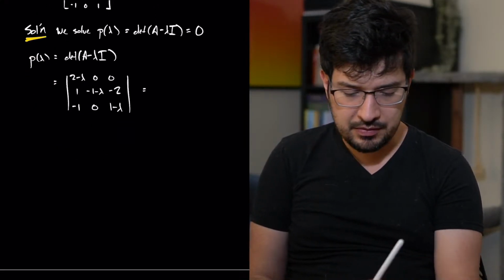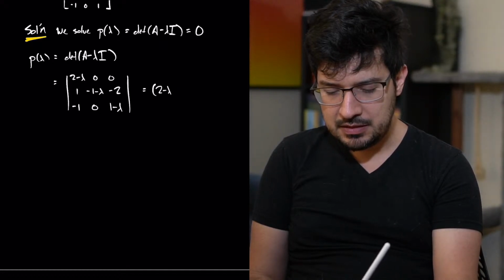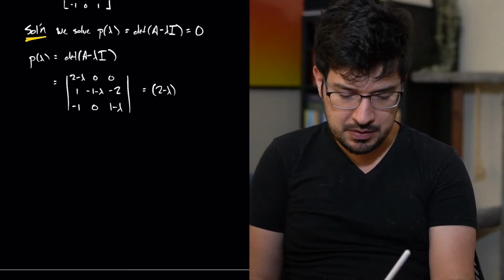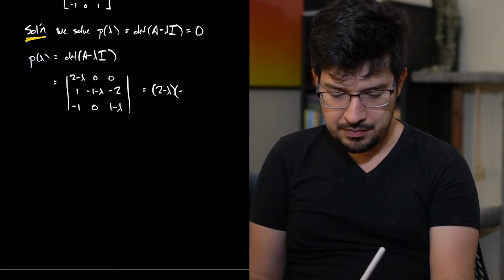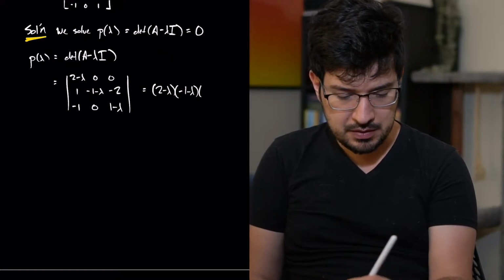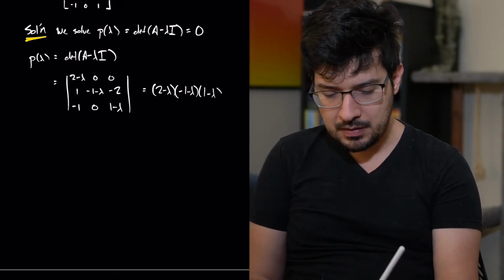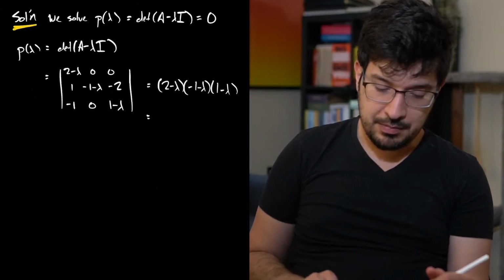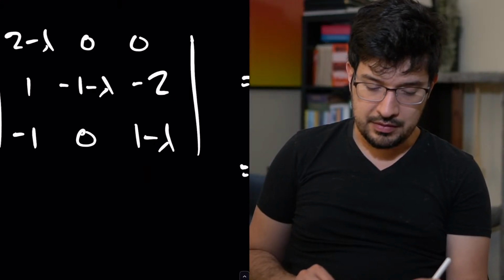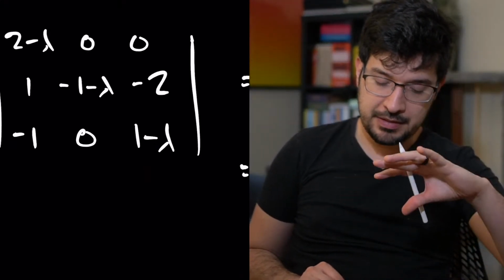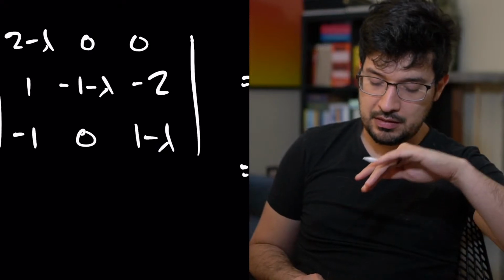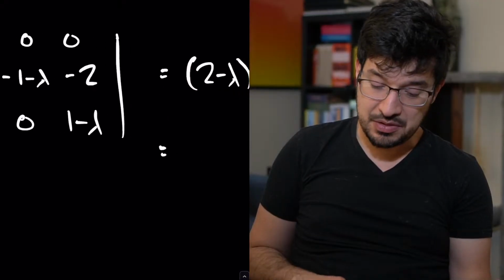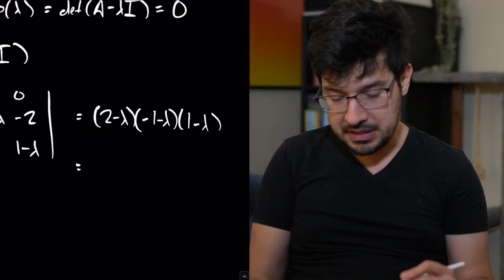And this is 2 minus lambda times negative 1 minus lambda times 1 minus lambda. And that's it. I can see that because for the 2 by 2 minor matrix in the bottom right corner, the determinant is the product across the diagonal minus 0. So there we go. We're already done.